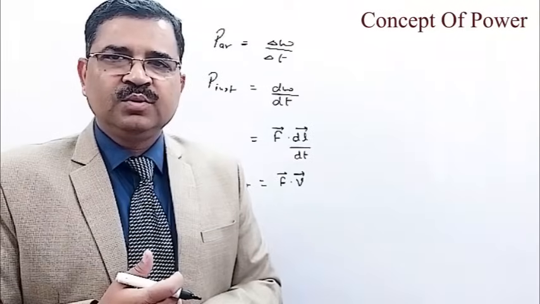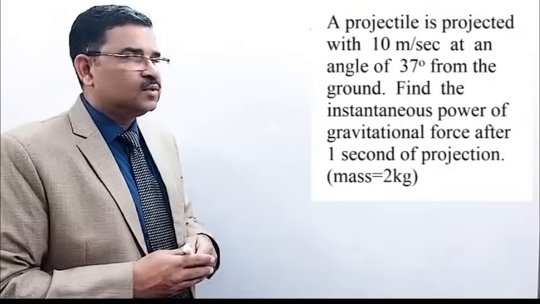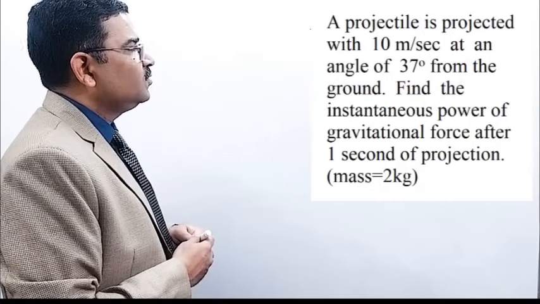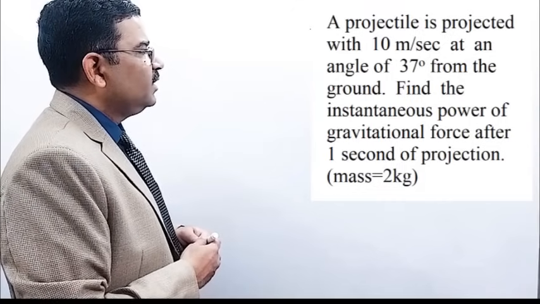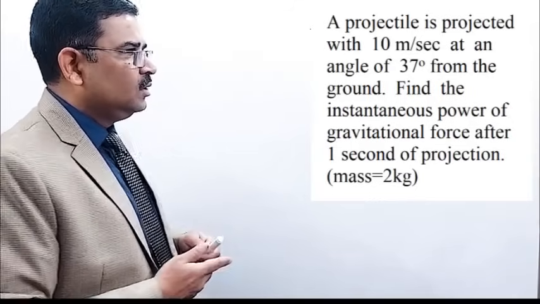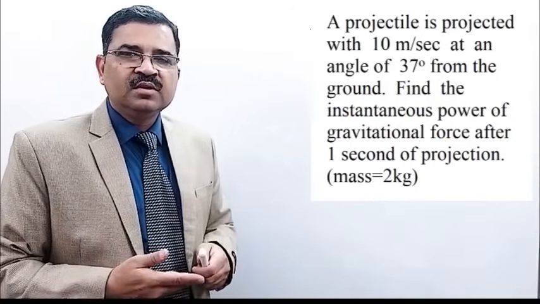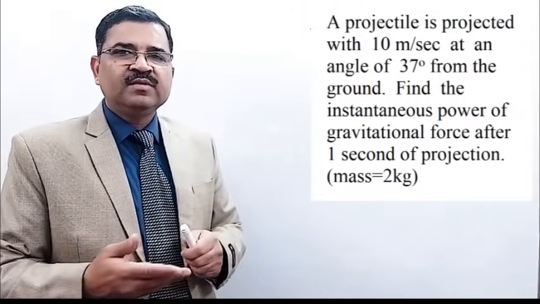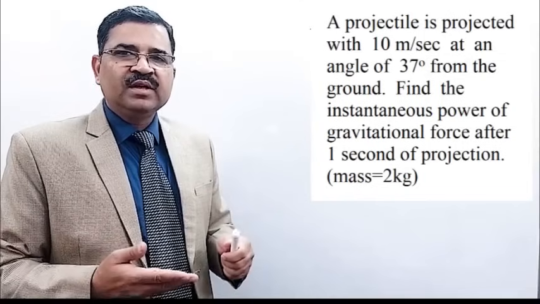Now students, let us consider this question that a projectile is projected with 10 meter per second at an angle of 37 degree from the ground. Find the instantaneous power of gravitational force after 1 second of projection. Now because instantaneous power is needed, so after 1 second I require the dot product of the force and its velocity. Now what is force after 1 second?